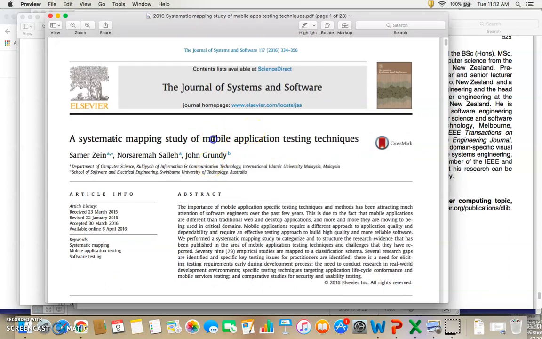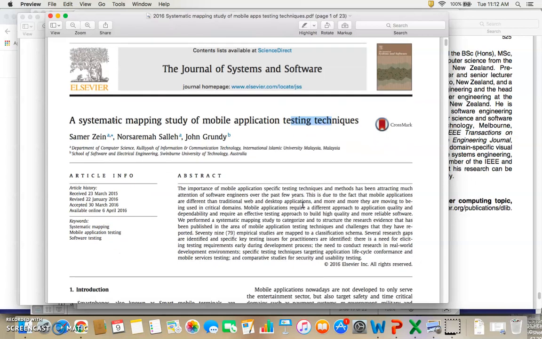When we talk about mobile app testing techniques, there are various sorts of mobile apps and various sorts of testing techniques, so an SLR is not deemed suitable. So I told him, why not do a mapping study, and we collaborated with John Grundy as well. We submitted, and the paper was published in this journal. This is also a good journal, the Journal of Systems and Software.